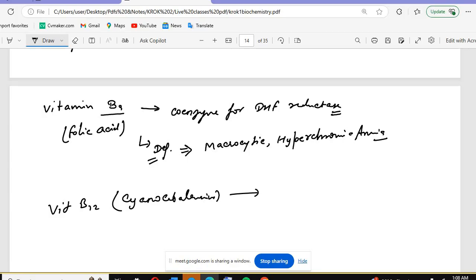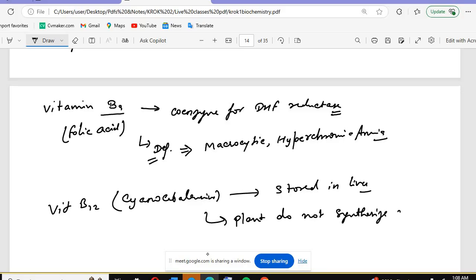This cyanocobalamin is stored in the liver. Where? In liver. The main thing you have to remember is that plants do not synthesize vitamin B12.